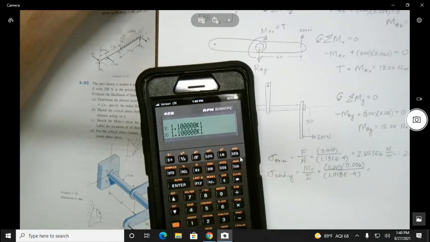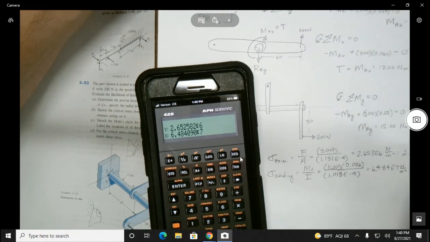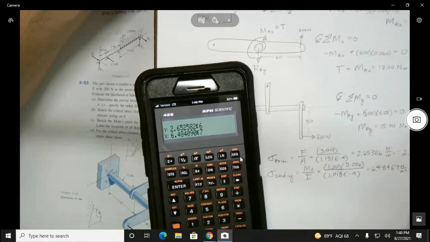And they go 11 times 0.006 divided by that. And I get 6.484 E7. So that's 64.84 megapascals, and it's going to be compression.